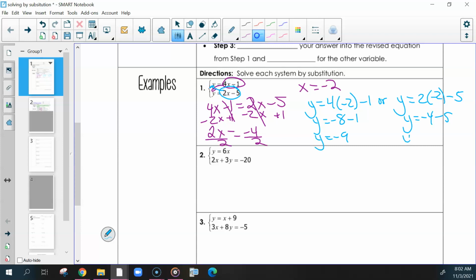No matter which one you solve, you should get the same answer, negative 9. After you have your x and you have your y, this is one solution, negative 2, negative 9. And that would be your final answer.